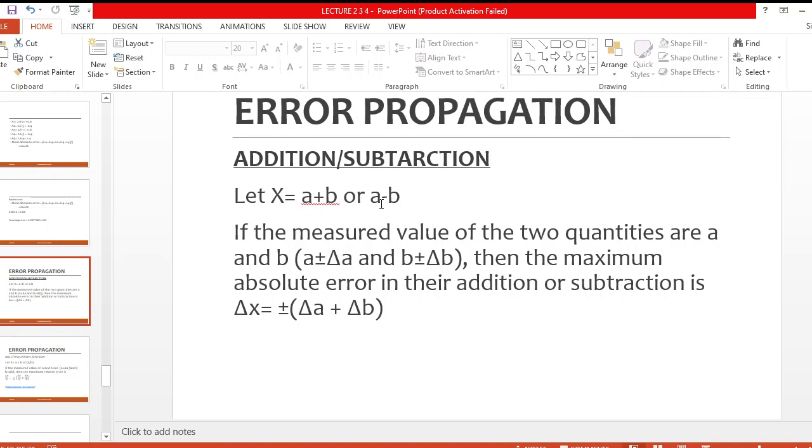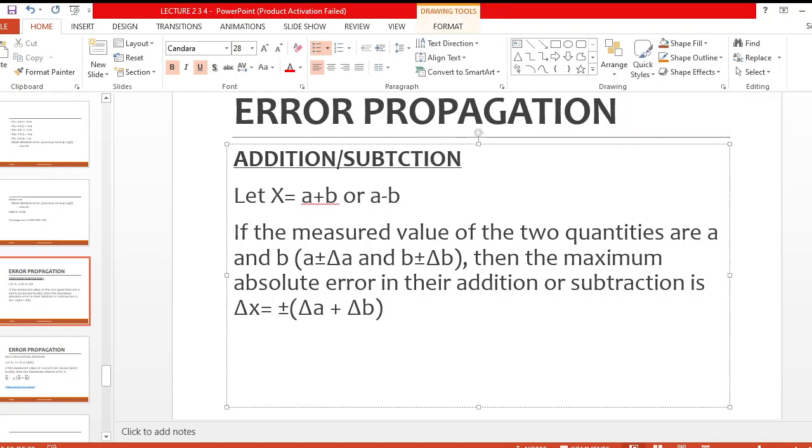We'll start with addition or subtraction. So on spellings, bear with me. Subtraction. So we are saying let x be a plus b or a minus b, if the measured values of the two quantities are a and b.